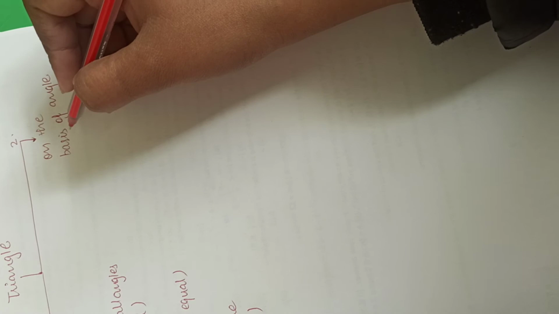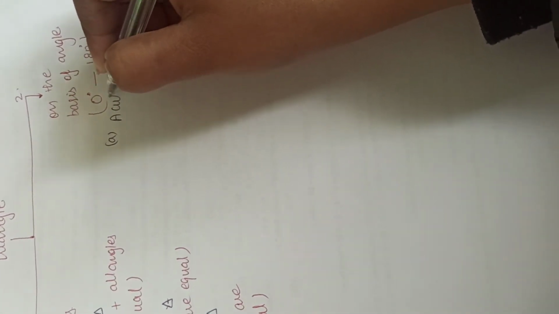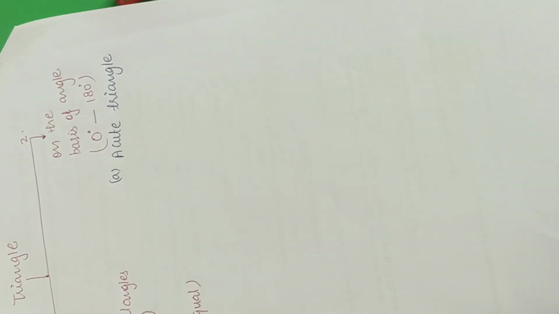Now come to the type of triangle on the basis of angle. So in this we will describe the types of triangle with angles from 0 degree to 180 degree. Right? So first type here is acute triangle. As the name represents, acute means small one.